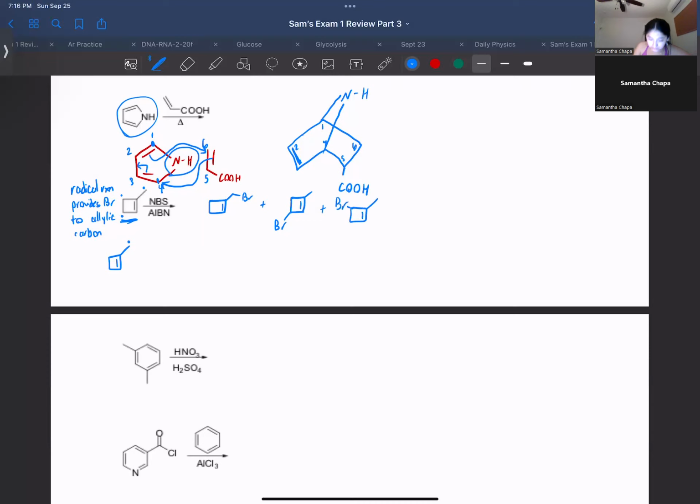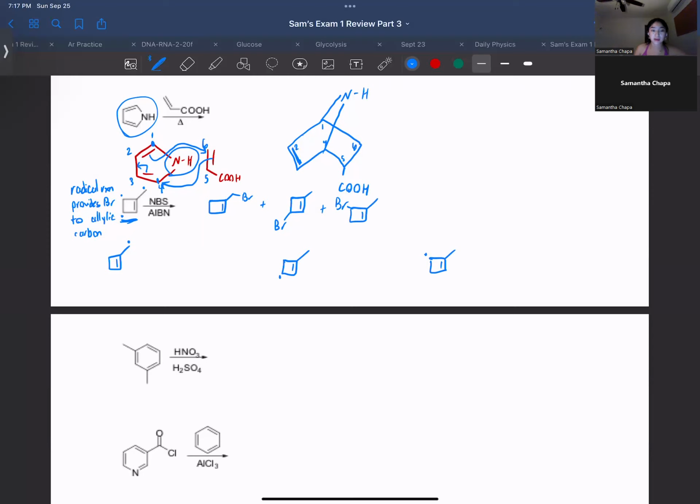And bromine. So those covered the radicals that we were talking about. But I'm going to bring each of those radicals down, and I'm going to write a resonance structure for each of them.